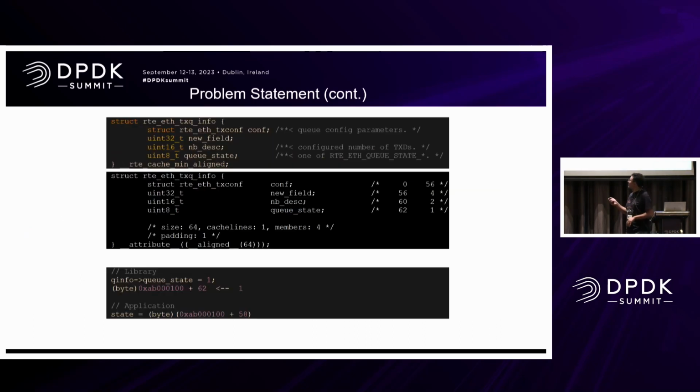And as I said, I will come back to the struct here. This is the previous struct, with a new field called new field added there. The whole output is changed, so the memory layout is changed. Now my queue state is at a different address. So what happens now? The library, when it does the math, finds a different memory address, because now it uses 62 as the address for the queue state, but the application still uses the previous one.